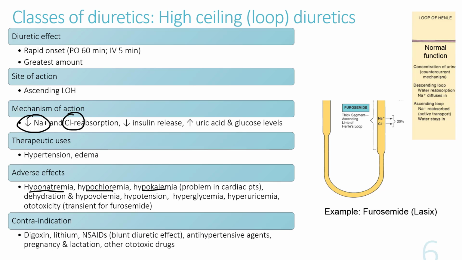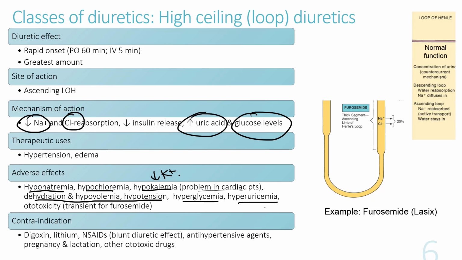You can end up with hypokalemia, a drop in potassium levels, and this is a problem in cardiac patients, and we'll talk more about that later. Because it blocks water reabsorption, you can end up with dehydration, hypovolemia, and hypotension. Because it increases glucose levels, you can end up with hyperglycemia. Because it increases uric acid levels in the blood, the patient can end up with hyperuricemia.